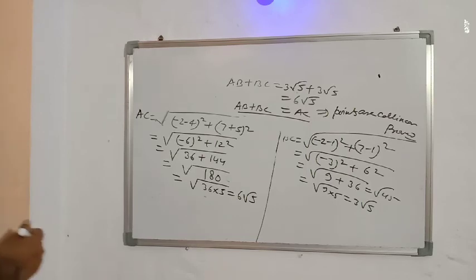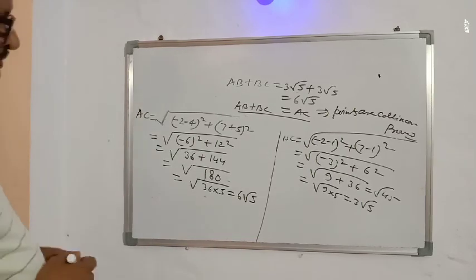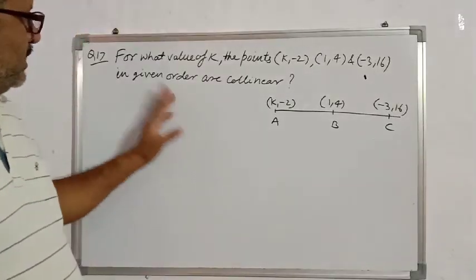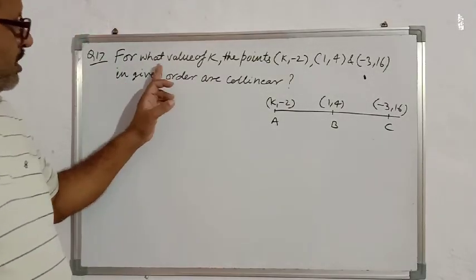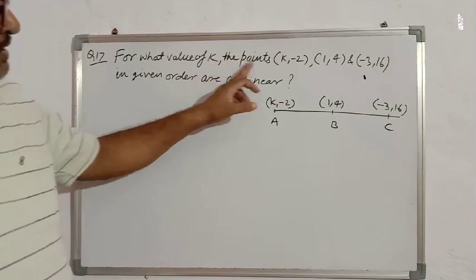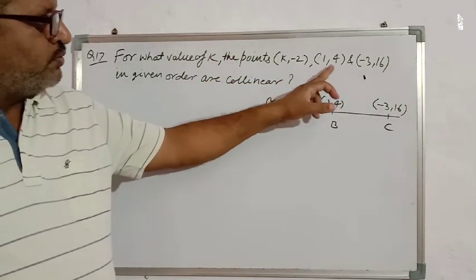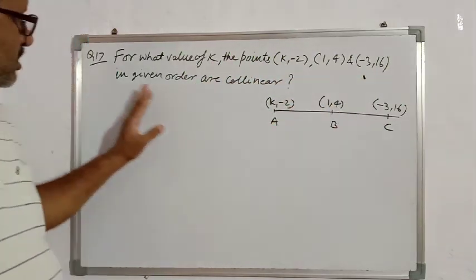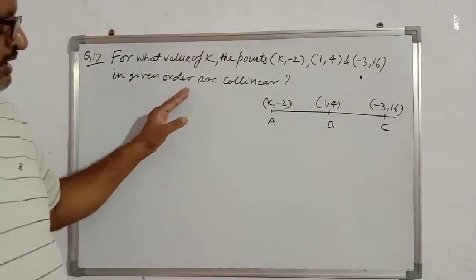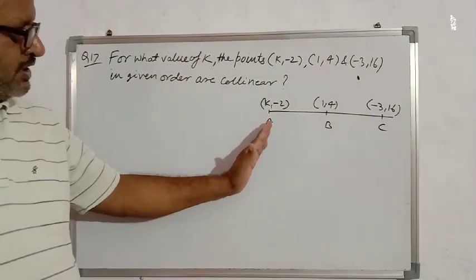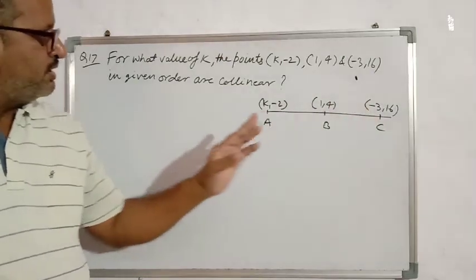See one more question. Question number 17. For what value of k the points k minus 2, 1, 4 and minus 3, 16 in given order are collinear? Given order means after the first point, second point, then third point.